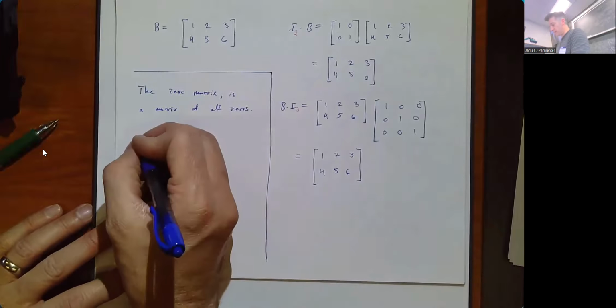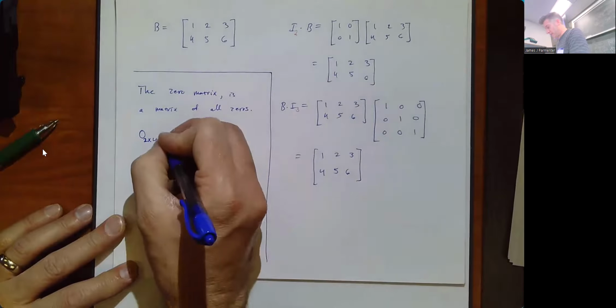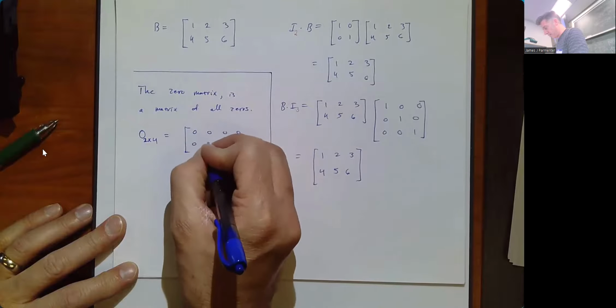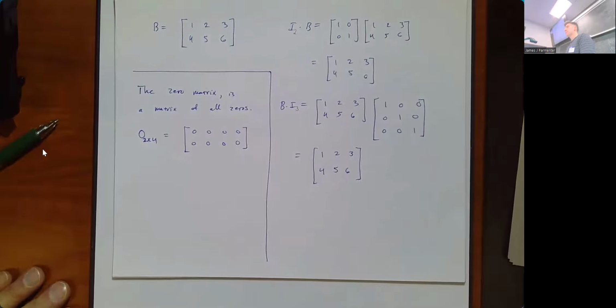So if I wrote the 0, 2 by 4 matrix, that would be the matrix that had zeros in all 8 of the 2 by 4 entries. And just like the regular number 0, the 0 matrix is the additive identity. If you add the 0 matrix to any other matrix, it won't change it.